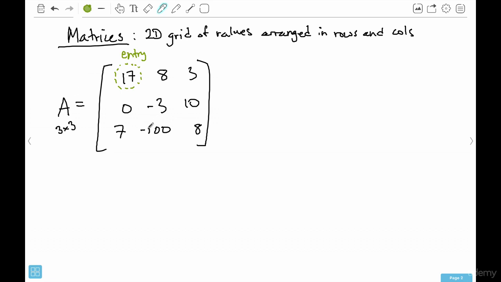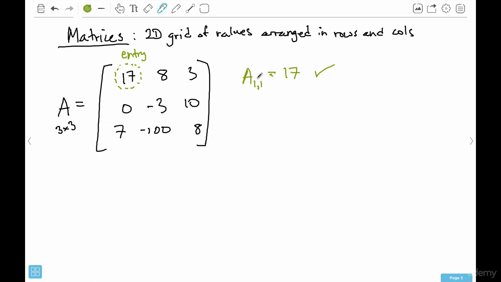Now we can use this capital A to refer to the entire matrix as a whole, this entire grid of values, or we can refer to a particular element of a matrix using this notation. For example, if I wanted to refer to this 17, this one that I just highlighted, that would be element A sub 1 comma 1 equals 17, and that's a true fact.